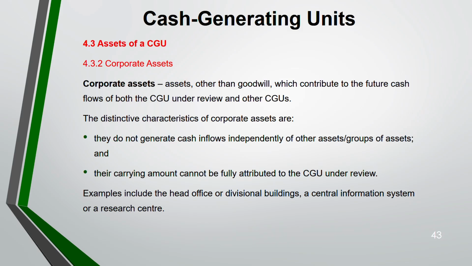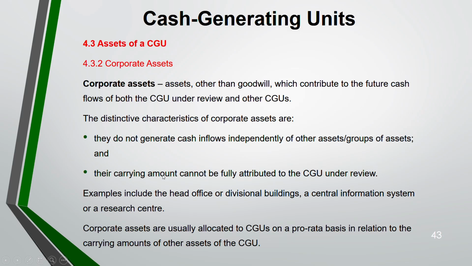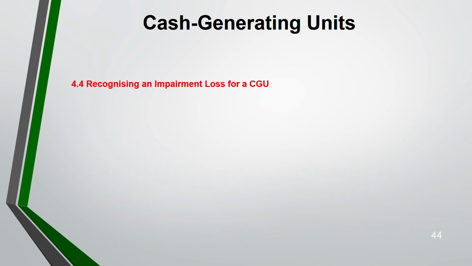Examples are head office or divisional buildings, central information systems or a research center. On their own, they can't generate cash inflow. They need the help of another thing. They are part of the system, they are components. So corporate assets are usually allocated to CGUs on a pro rata basis in relation to the carrying amount of the other assets of the CGU. Definitely with questions you will understand CGU better.